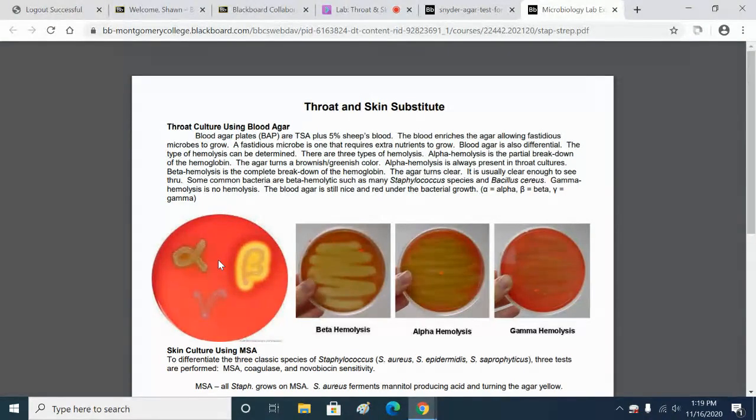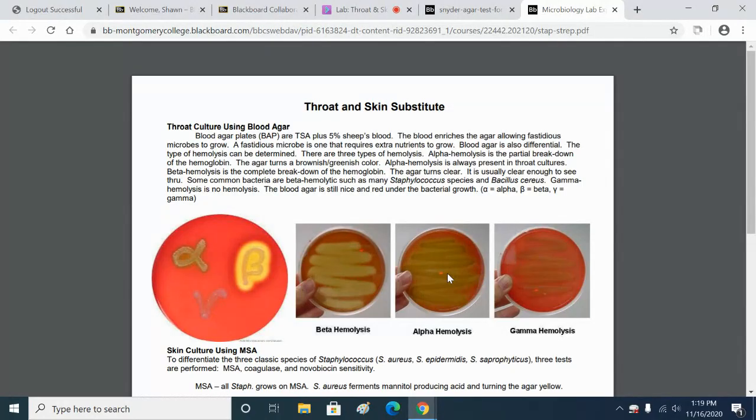Alpha hemolysis is the partial breakdown of the hemoglobin, and that partial breakdown turns the blood kind of a greenish brownish color. And so we can see that more easily here on this middle plate, right? The greenish brownish color to the agar. But that's the partial breakdown of the hemoglobin.